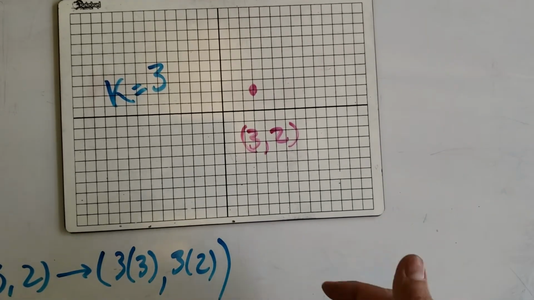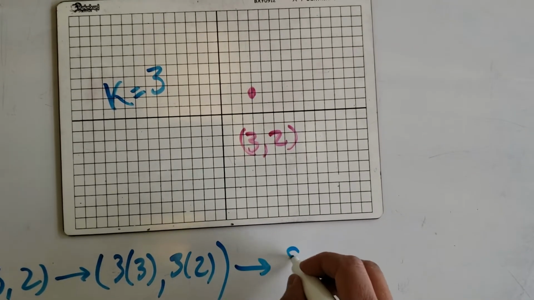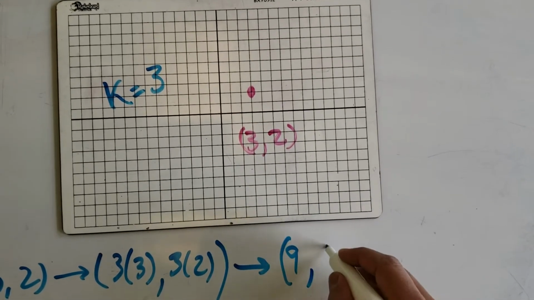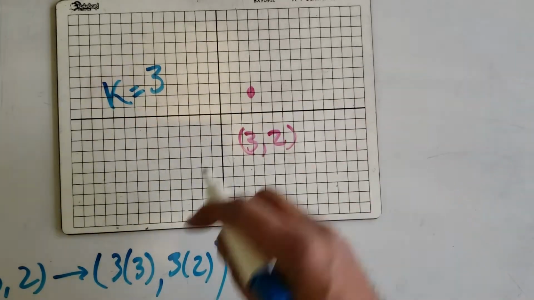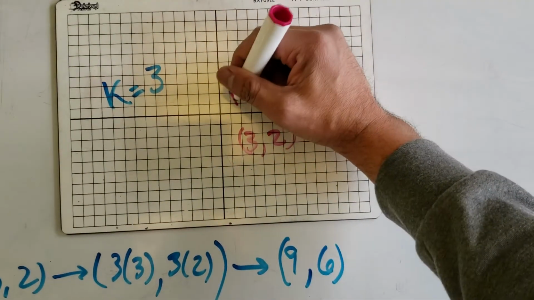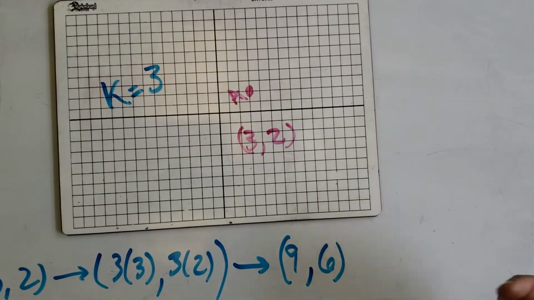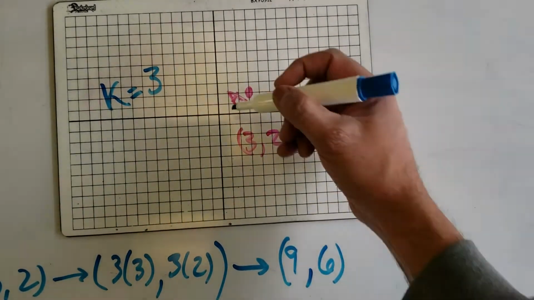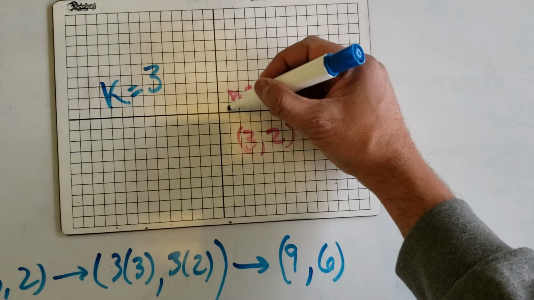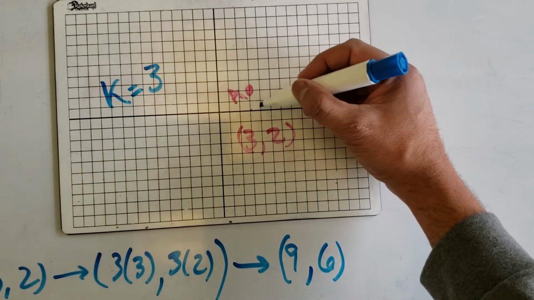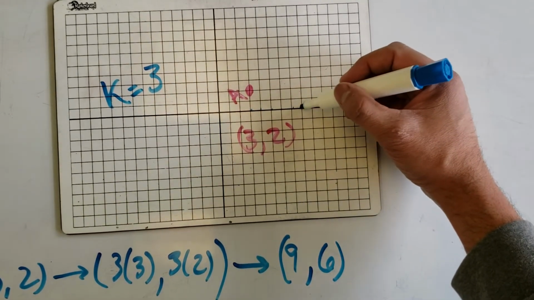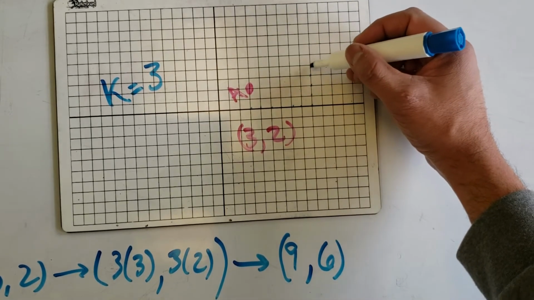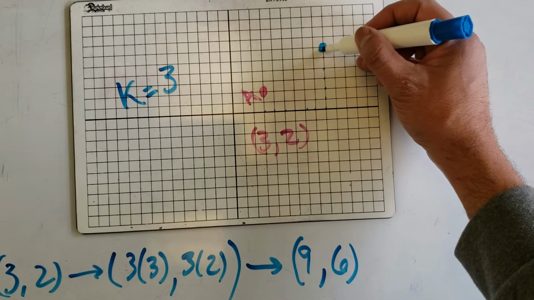So now 3 times 3, well, that's 9. And 3 times 2 is 6. So if this point was called A, then the new one is going to be called A prime. It's going to be at 9 and 6. So over 9, 1, 2, 3, 4, 5, 6, 7, 8, 9, and up 6: 1, 2, 3, 4, 5, and 6.